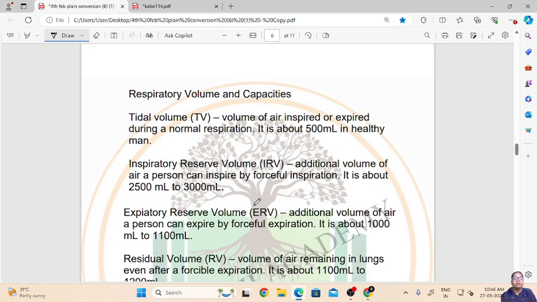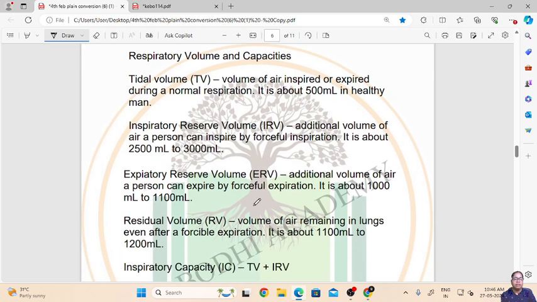So now let us see how to calculate the respiratory volume and capacity. How is it determined, the respiratory volumes and capacities? The first one is tidal volume, that is TV. This means the volume of air inspired or expired during a normal respiration. It is about 500 ml in healthy men.